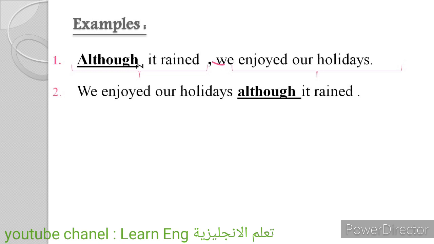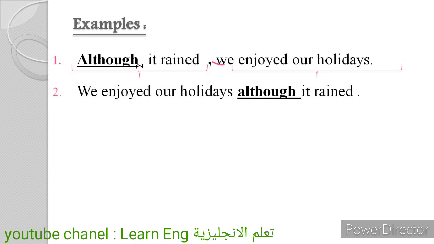When we start with that word, although, we call it in English a connector. Okay, a word that links the two clauses. A connector. So when we start with the connector and we use it at the beginning of the sentence, we have to use the comma between the clauses.